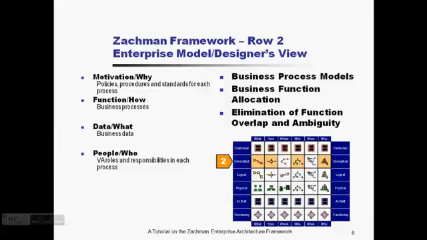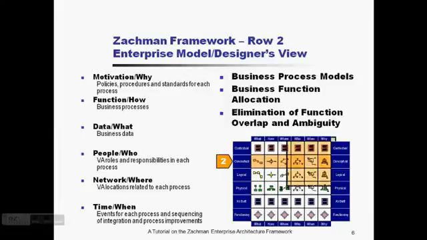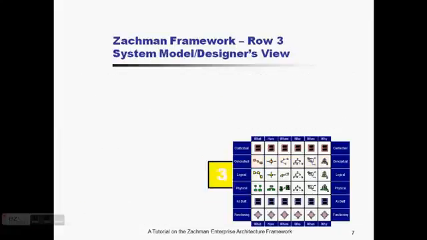In terms of location, it's about the relationship between the physical location in the network and a related process. And the timing is about the event for each process and sequencing of integration and process improvement throughout the organization.